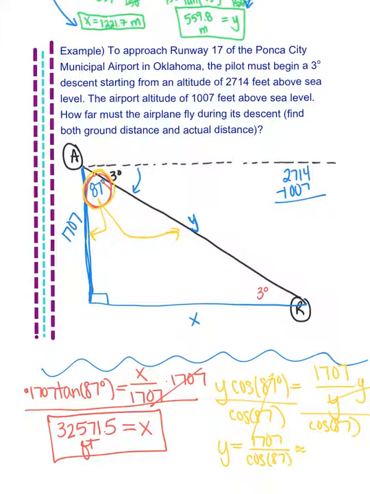So I get 1,707 divided by cosine of 87, and I get 32,616.2 feet. And it should be a little more because it's the diagonal versus the ground distance.